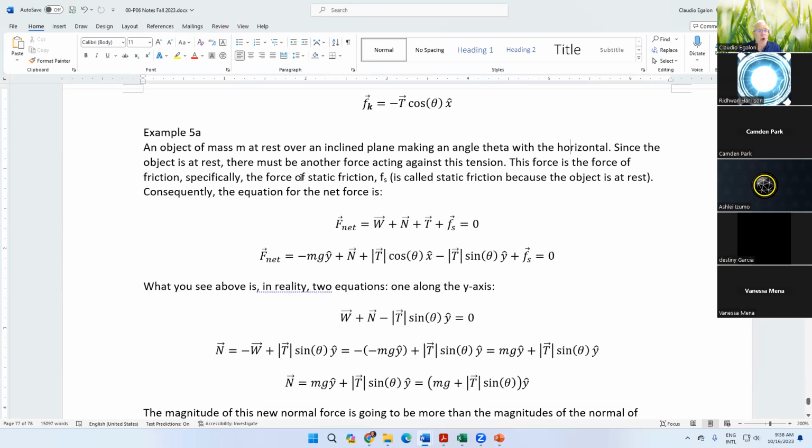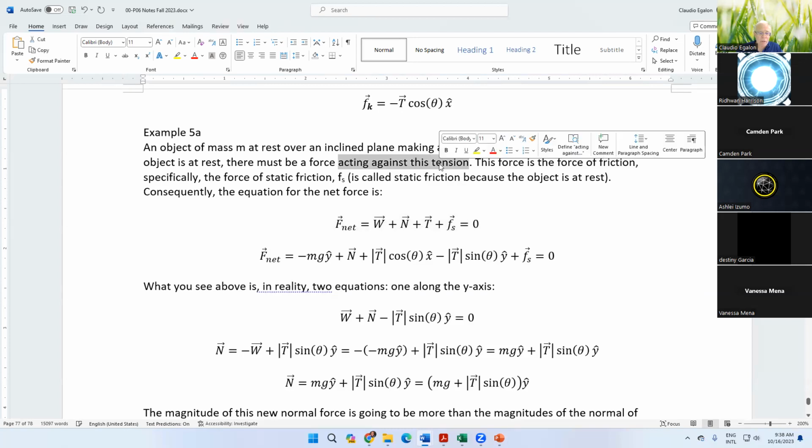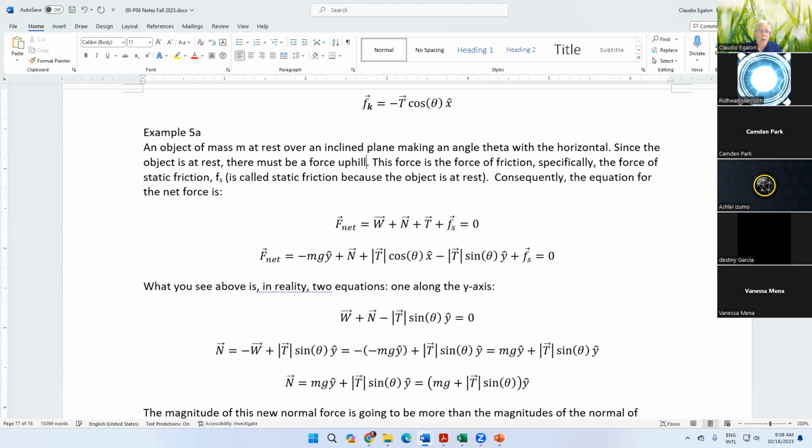There must, since the object is at rest, be a force uphill. There's no tension. An uphill force.